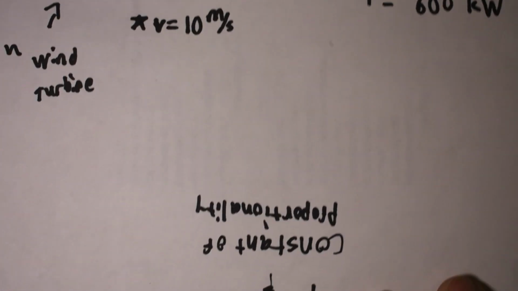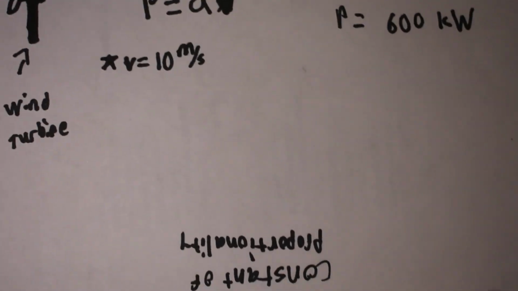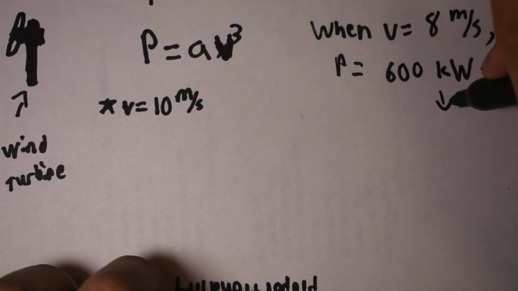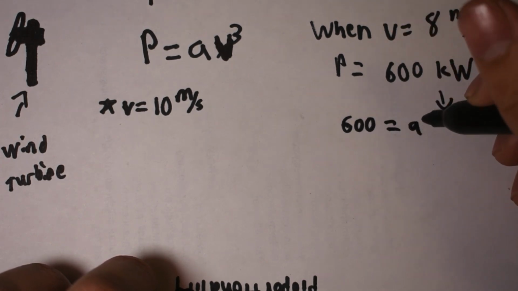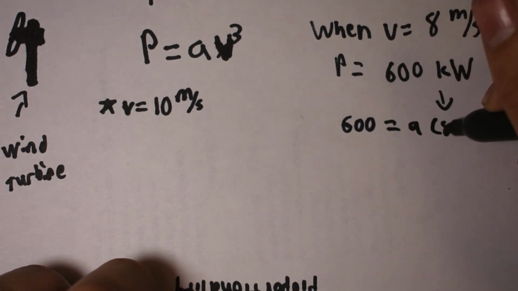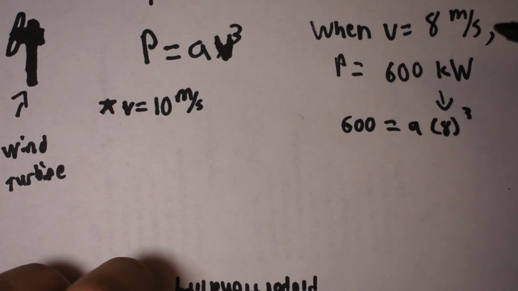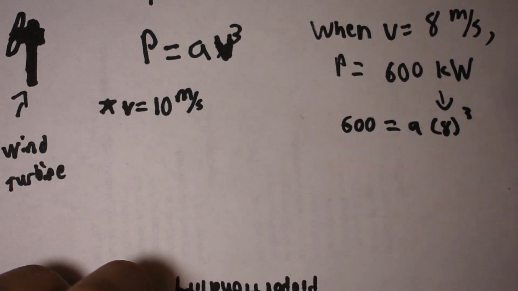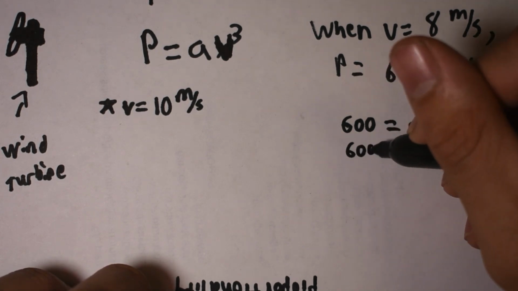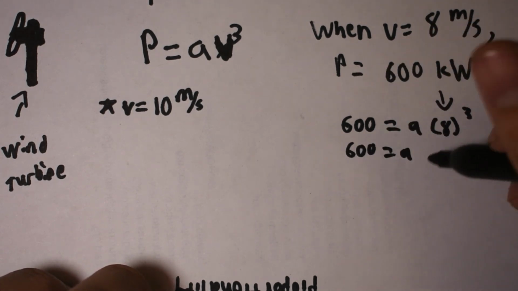So I know I'm just using the same paper just upside down. Anyway, so let's just plug that in. So we have 600 kilowatts equal to a, because we don't know it yet, times 8 to the power 3. And all we got to do now is simplify to isolate a to figure out our constant of proportionality. 8 to the power 3 is going to be 512.